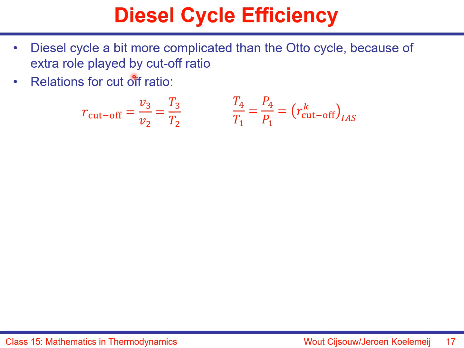And using these isentropic relations that we also encountered a few slides ago, when I was referring back to previous classes in the book of Çengel, using these isentropic relations, we can convert this volume or specific volume ratio to a temperature ratio.